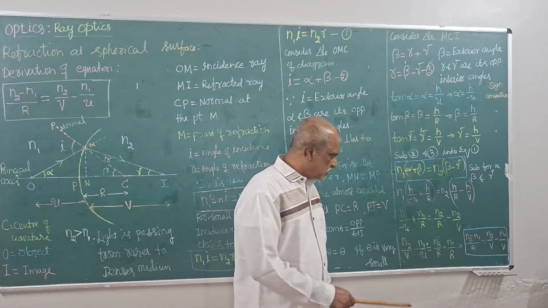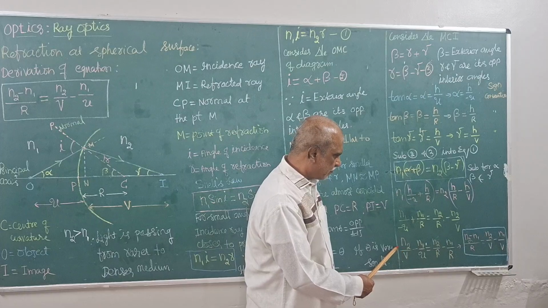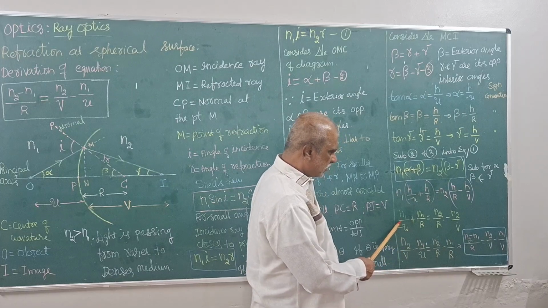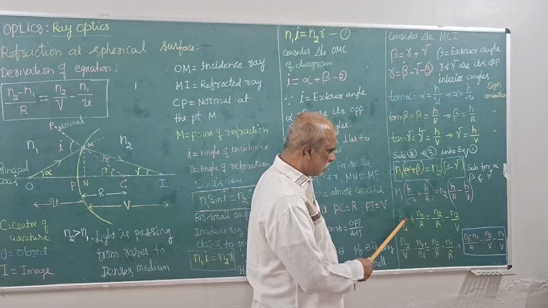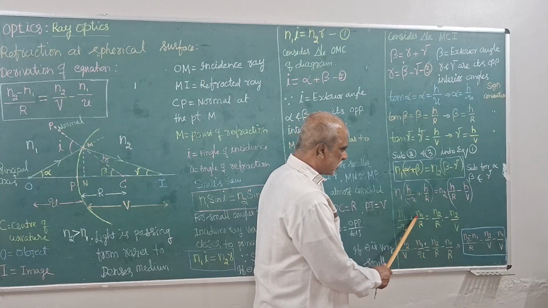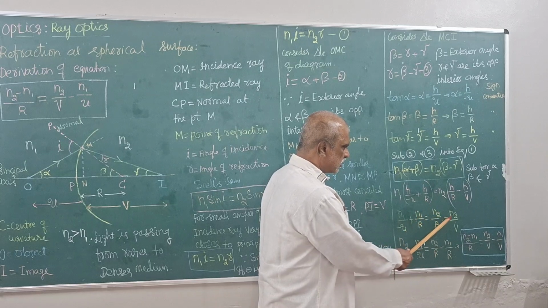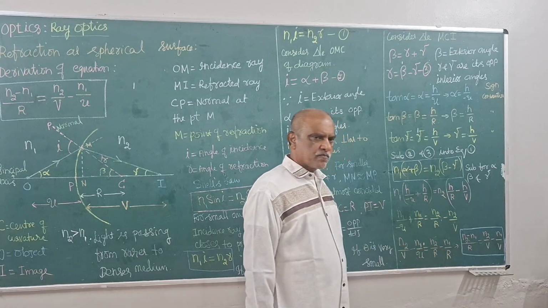In rearranging, taking N2 by V to the left, it becomes plus, and the other term on the left-hand side becomes minus. Set the remaining term to the right-hand side, where it becomes minus.